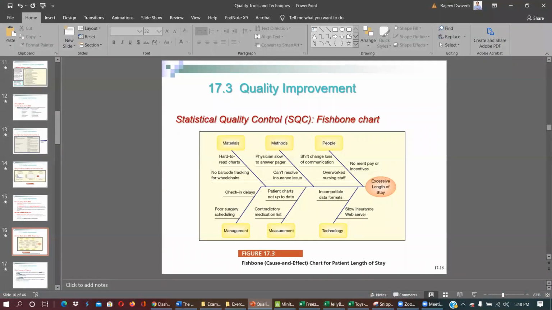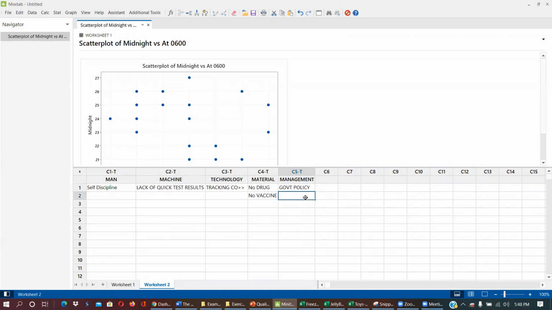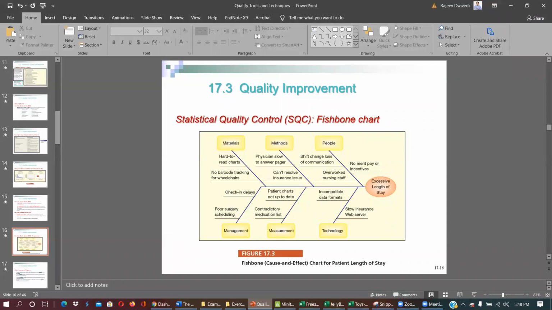People I already shared. Measurement, I think, would be in management: government policies, basically, I would say policies, lockdown. And material, method and material.